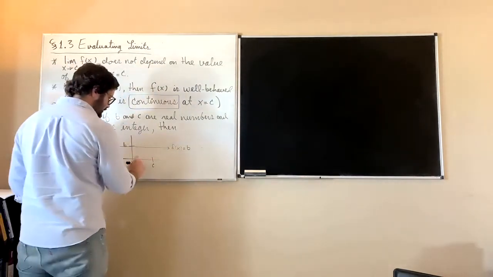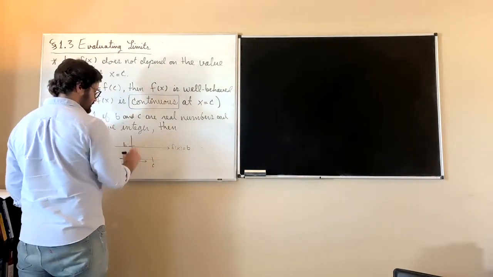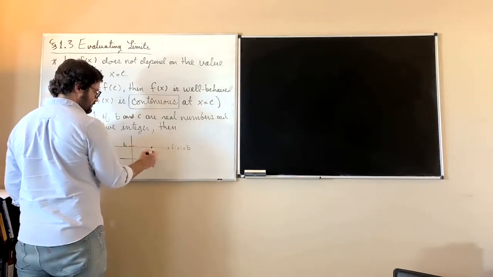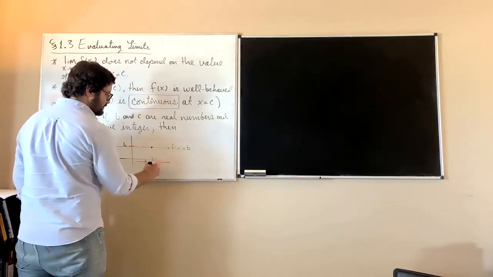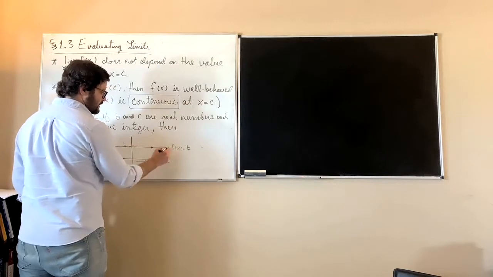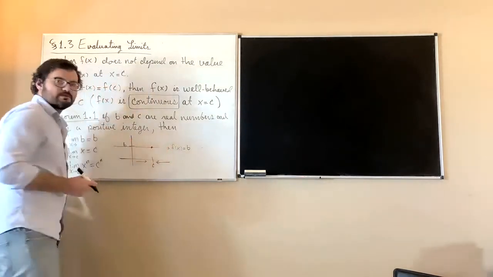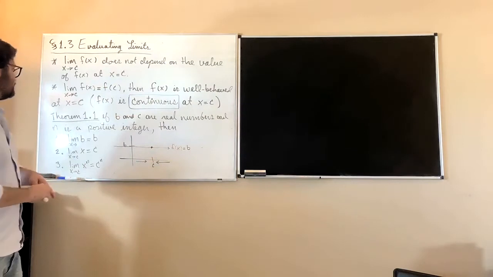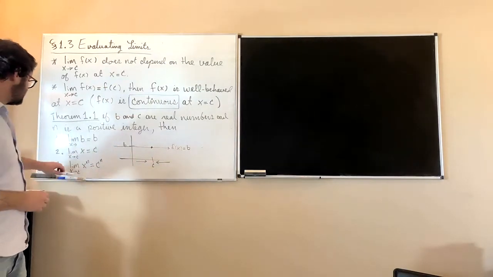If we head towards c from this direction, the value of the function is always going to approach b. And if we head towards c from this direction, again, the value of the function is always approaching b. So informally, that's a general argument for part one.